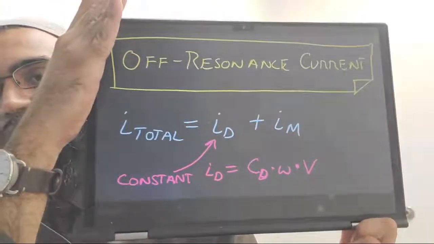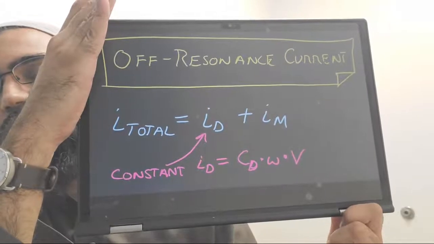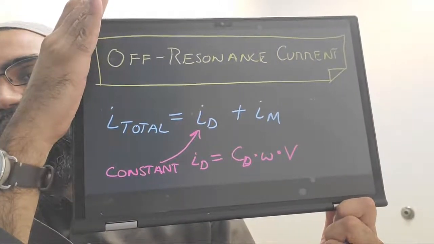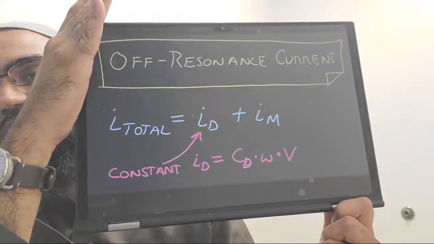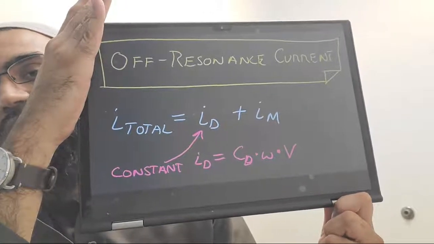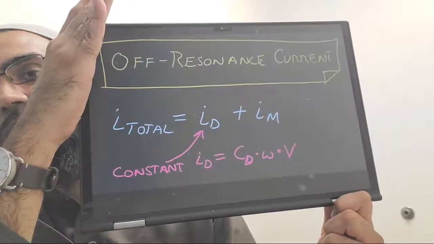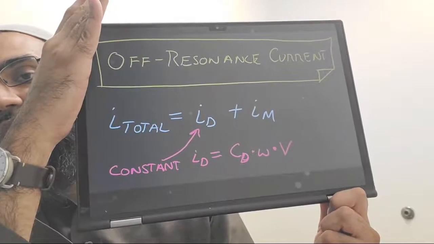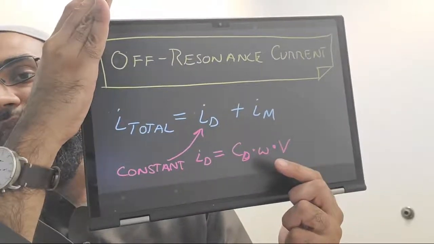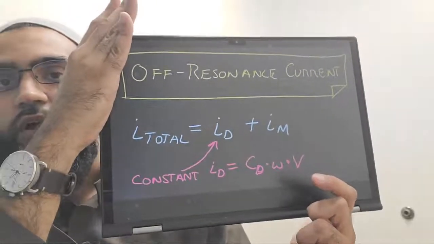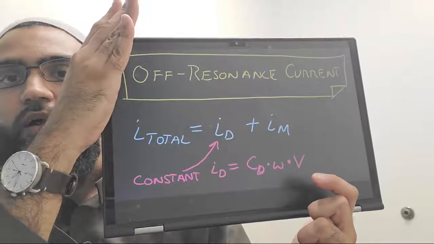So let's keep going. For that dielectric current, you're always going to have your clamped capacitance multiplied by your omega, which is the angular frequency, multiplied by your voltage. That's as simple as that. It's just a capacitor.